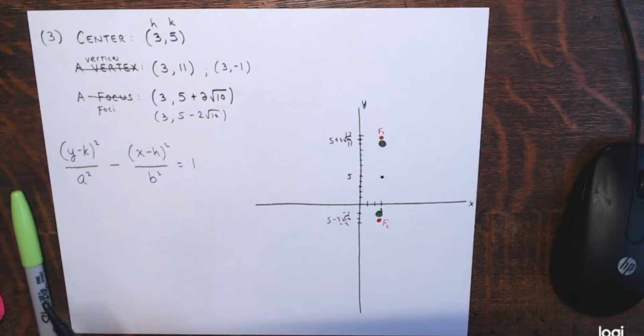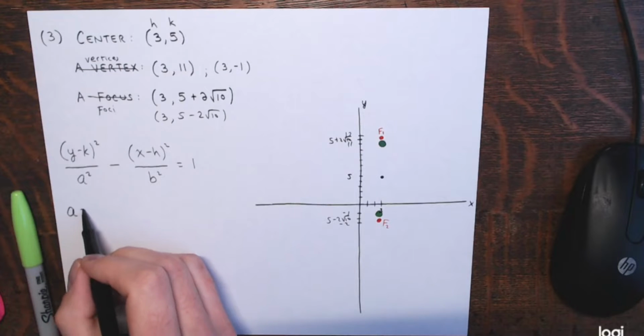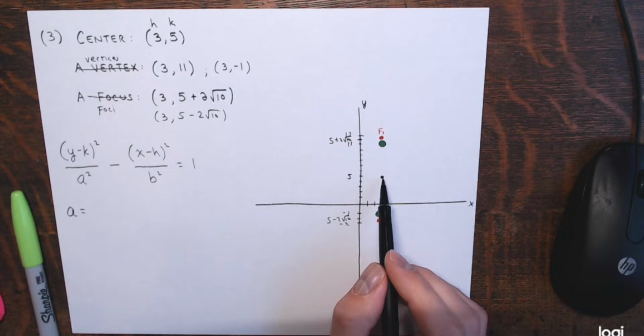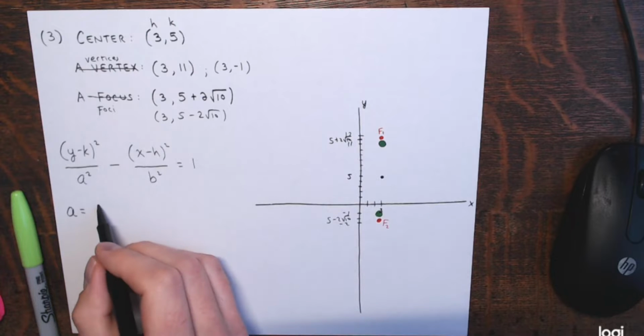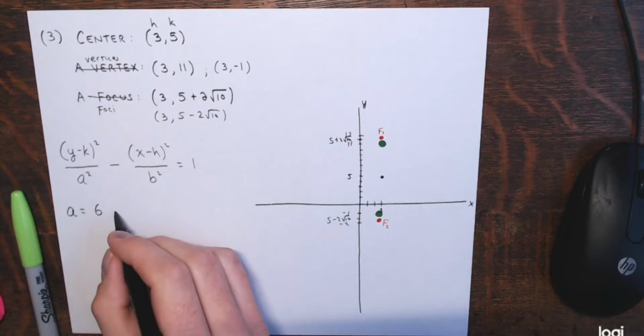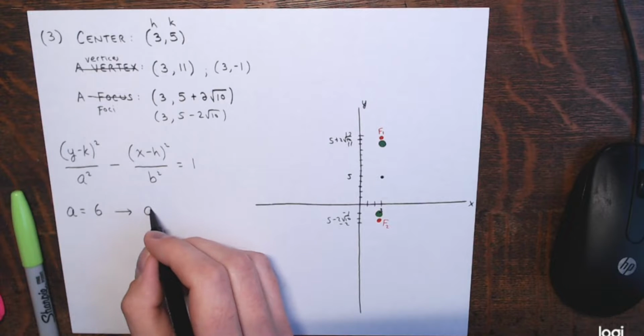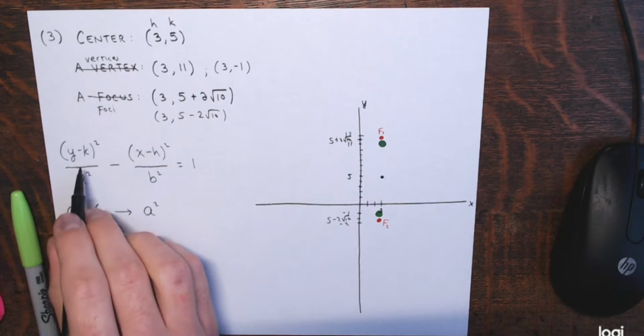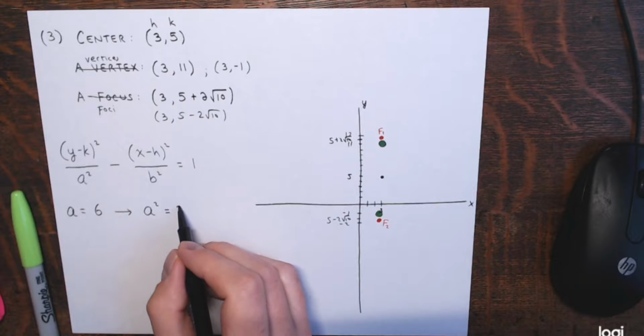Now I just need a and b. Well, we have a. I already used a. A was the distance from the center to a vertex. From (3, 5) to (3, 11), or from (3, 5) to (3, negative 1), that's 6 units. So a is 6, meaning that a squared, this first denominator under the y term, is going to be 36.